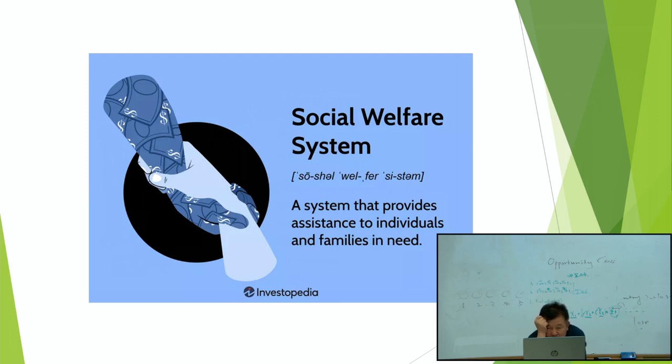As you know, Norway, Finland, and Sweden have very powerful social welfare, but they charge at least 45% in tax, in some cases 55%, very high. A social welfare system provides assistance to individuals and families.